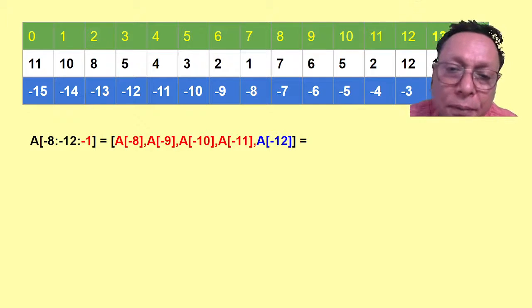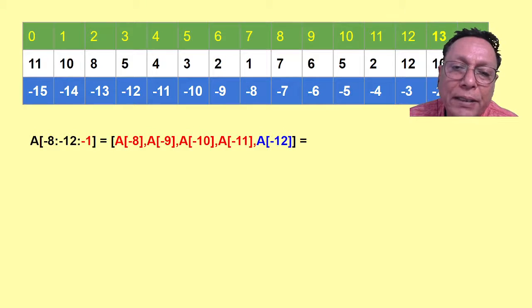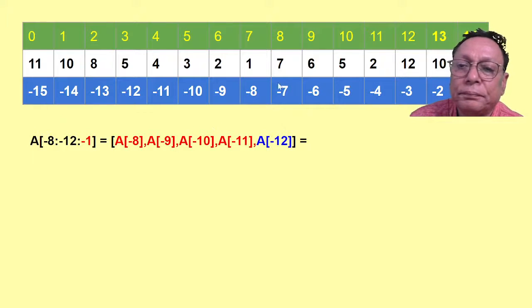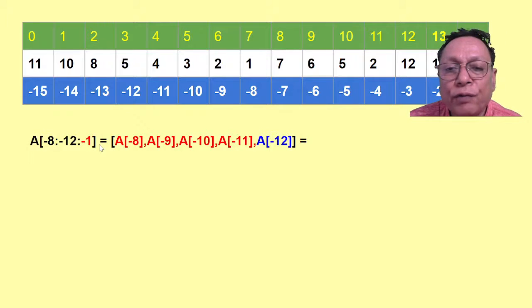And suppose your starting index is -8 and ending index is -12, and your step is -1, it means you will have to move right to left.